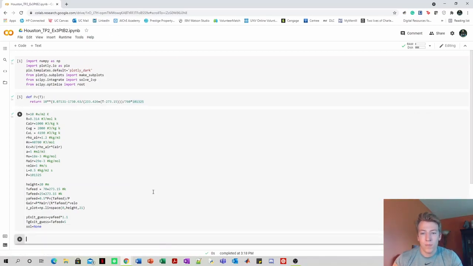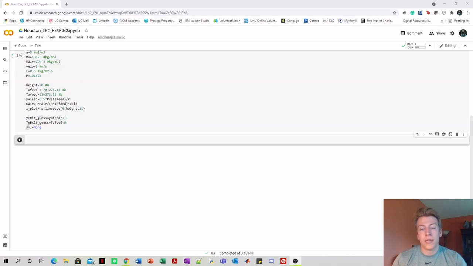Okay, it ran well. So now that we have our initial guesses, what we want to do is define a function whose roots we can find, and once it converges at the end, we'll know that it is done. So what we're going to do here is define converge, as I said, and what we're looking at is the temperature feed for Y, for the mole fraction.